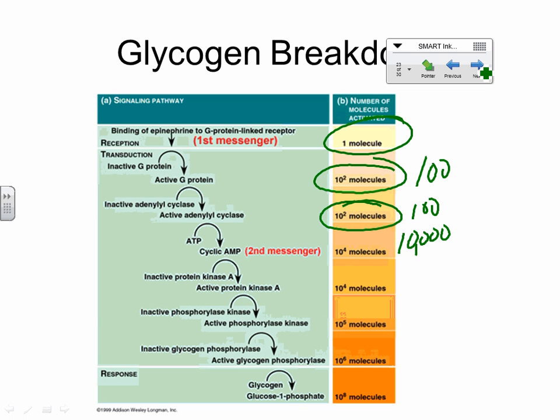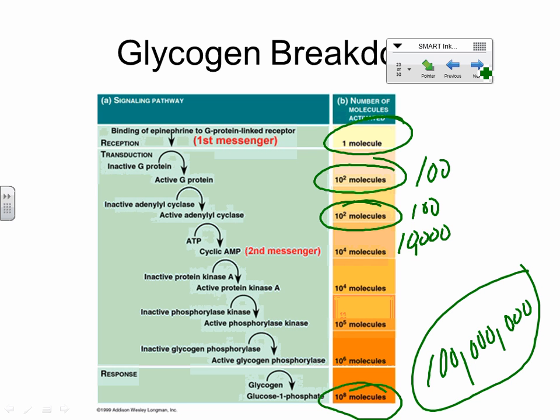Those went out and turned on these protein kinases, where at the end of the day, I think that says 10 to the 8th molecules of glucose get released. 10 to the 8th is how much? Yeah, it's 100 million. So there's one molecule of epinephrine that we started with up here, and it ended up causing 100 million molecules of glucose to get released into your blood.